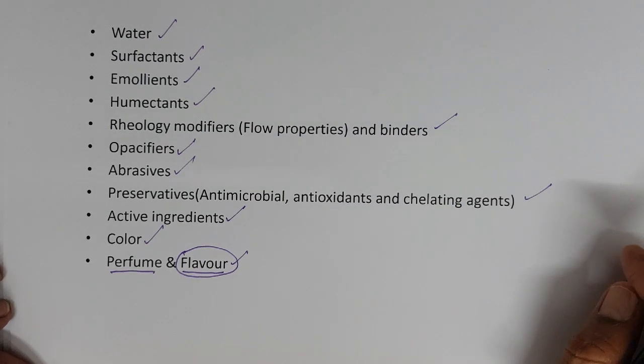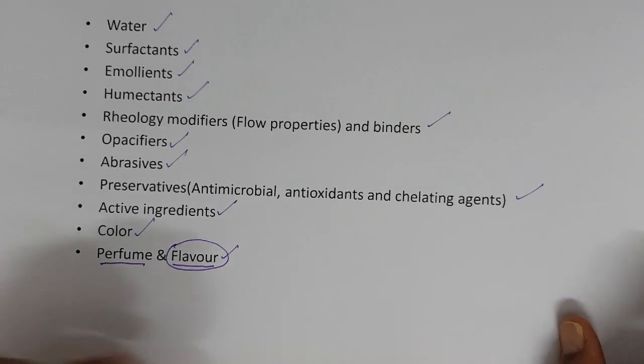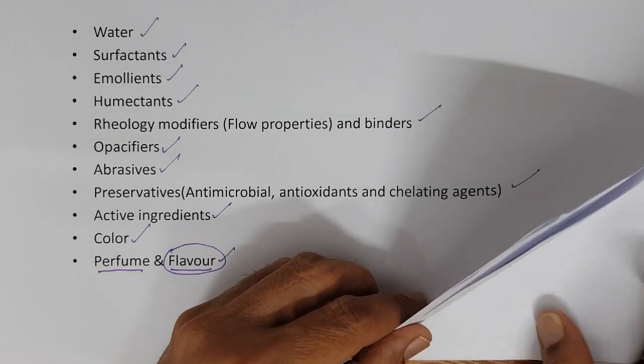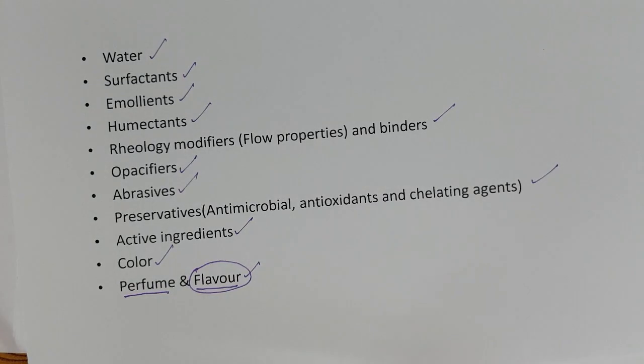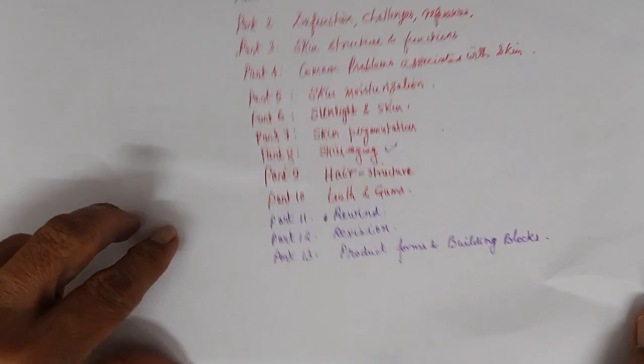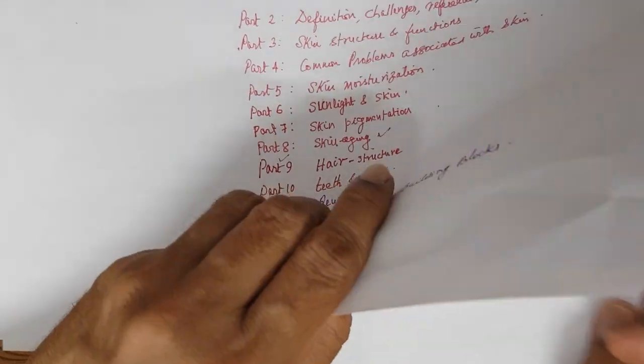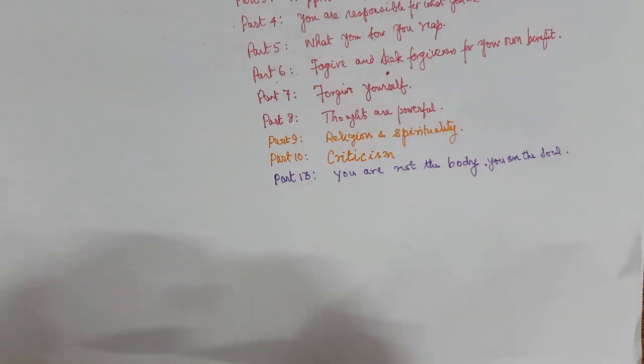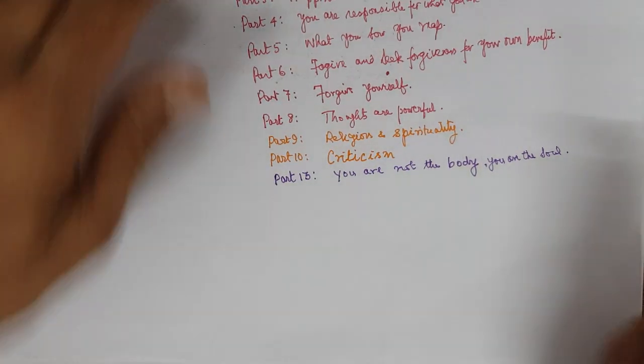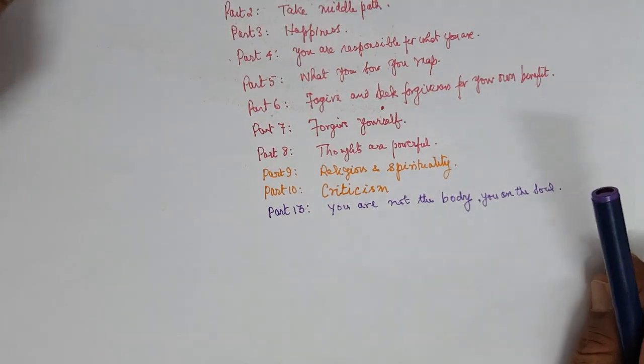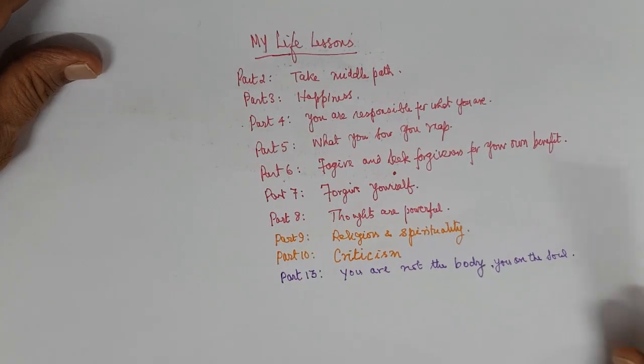This is what I want to share with you today. How was it? A little dry? But these are all very, very important. You have to know the product forms.